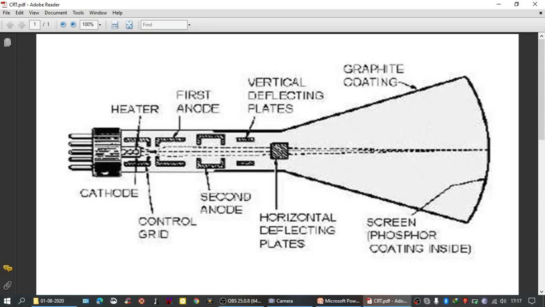One is vertical deflection plates, which are mounted horizontally, and they make the electron beam to move in the vertical direction.